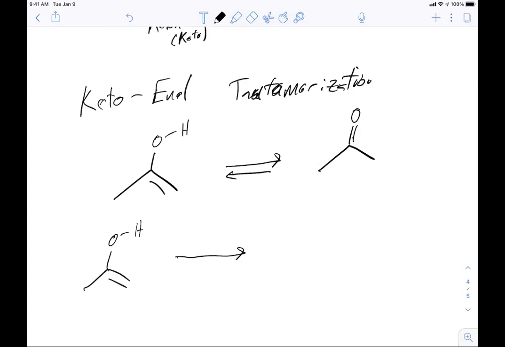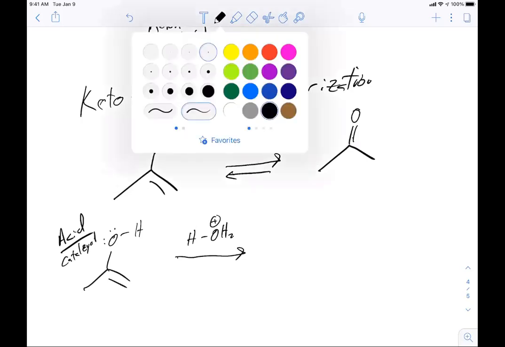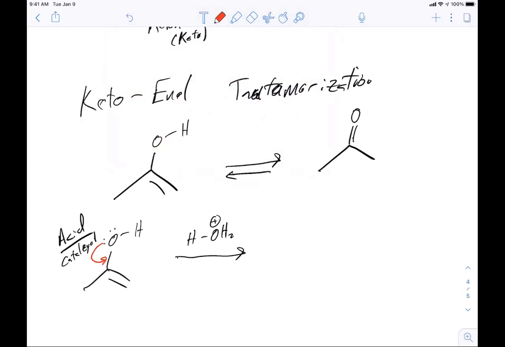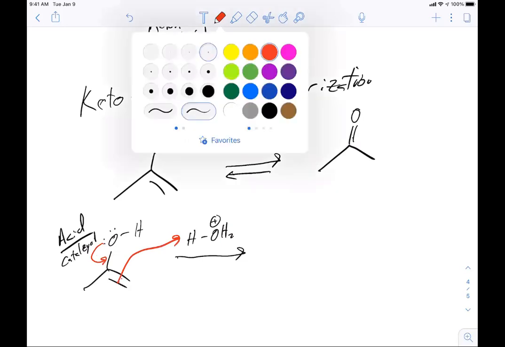Okay, there's two basic ways to do this. We can do it with acid, which of course is the way we're doing it now, or we could do it with base. If we do it acid catalyzed, the lone pair on the oxygen comes down, kicking out the pi bond, which reacts with the electrophilic hydrogen.